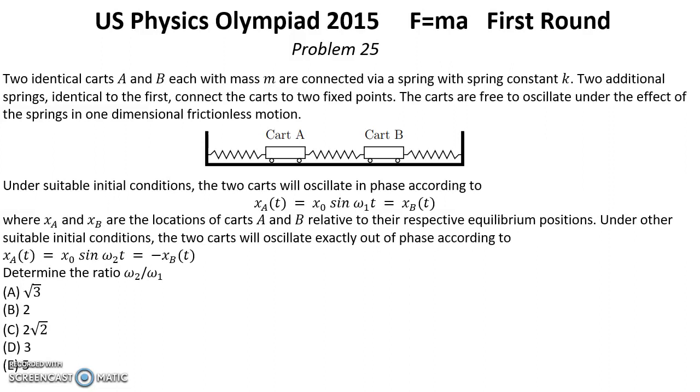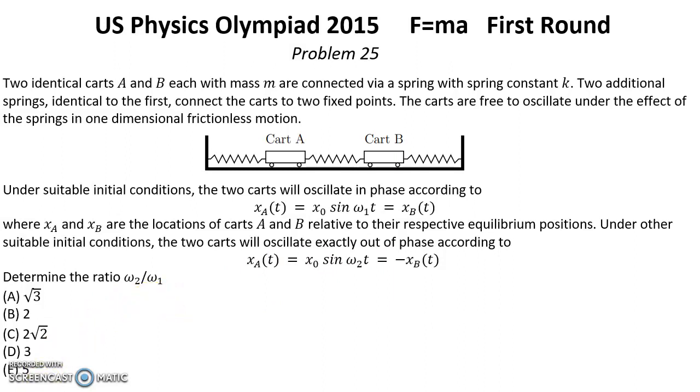Under suitable initial conditions, the two cards will oscillate in phase according to this equation, where x_A and x_B are the locations of cards A and B relative to their respective equilibrium positions. Under other suitable initial conditions, the two cards will oscillate exactly out of phase according to this equation. Determine the ratio omega-2 over omega-1.